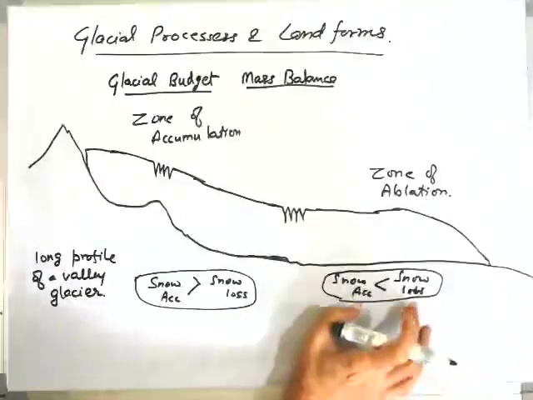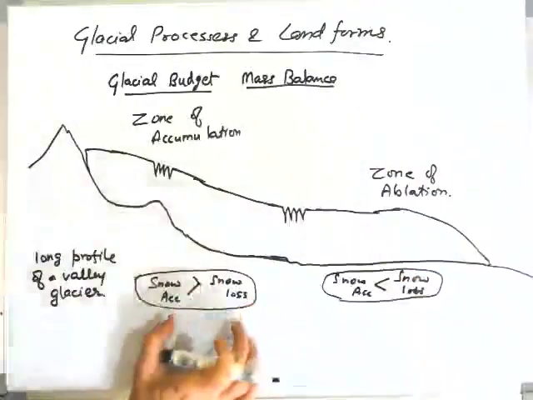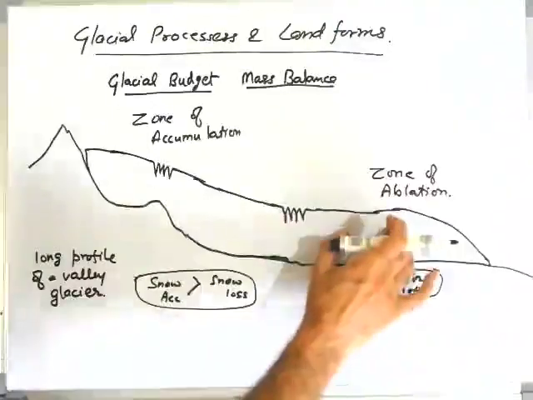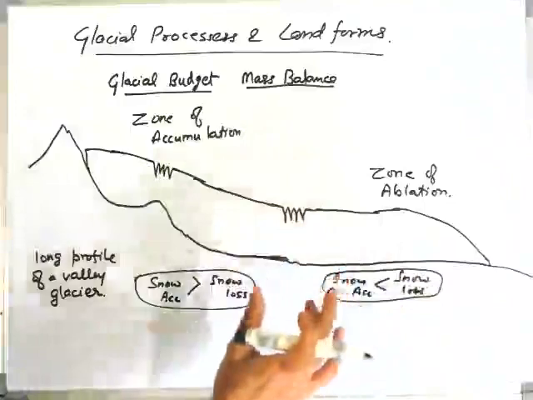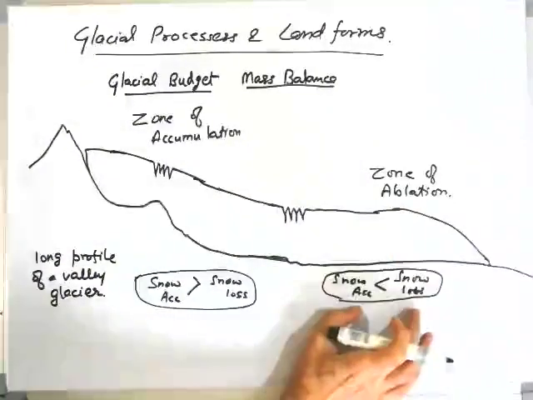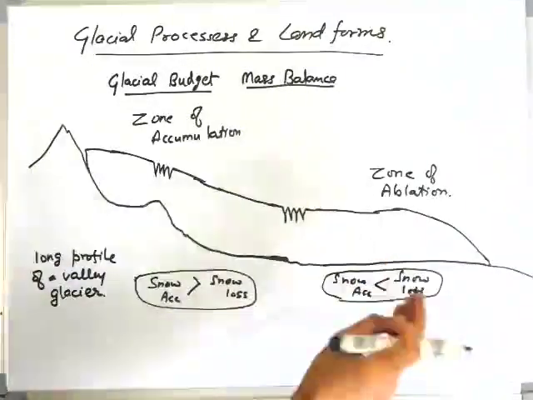If you see for the winter season, then this zone of ablation, this lower portion, will also have snow accumulation greater than snow loss. But when you consider the balance for the whole year, then you find that for this part the snow accumulation is less than snow loss, or losses are more than gains.